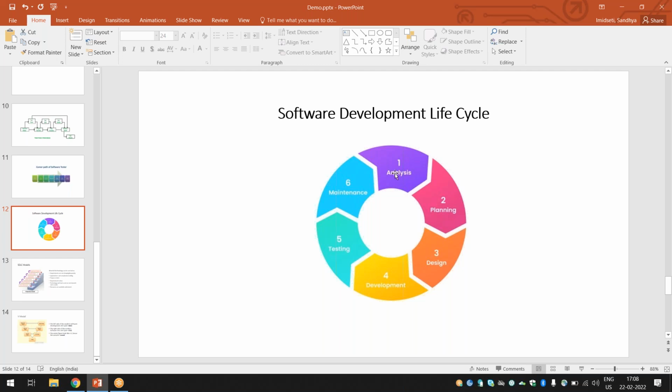First phase, gathering requirements. During this analysis phase, the business analyst is the person who sits with the client and gathers all the requirements. Client or end user, both refer to the same.